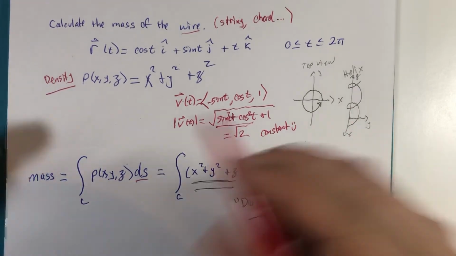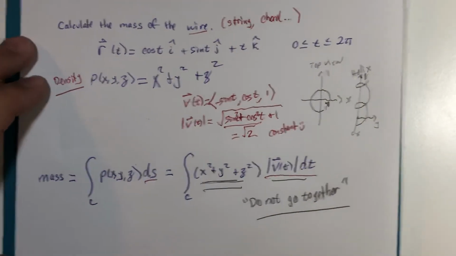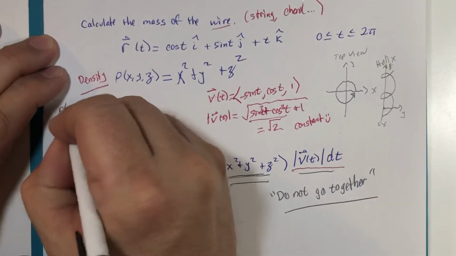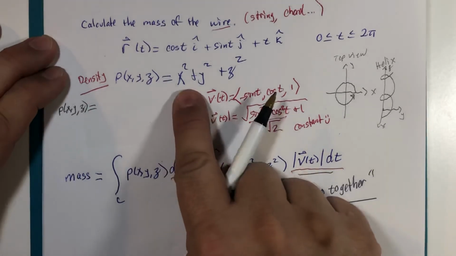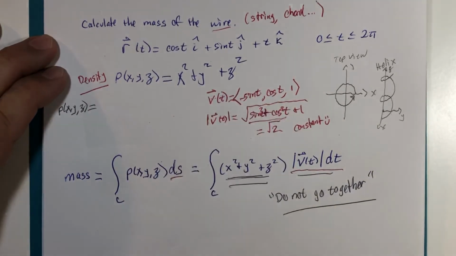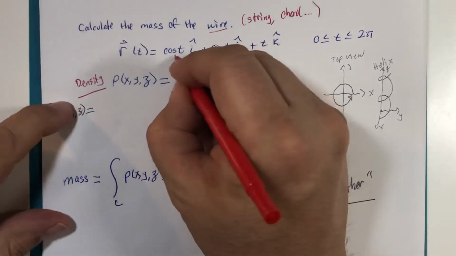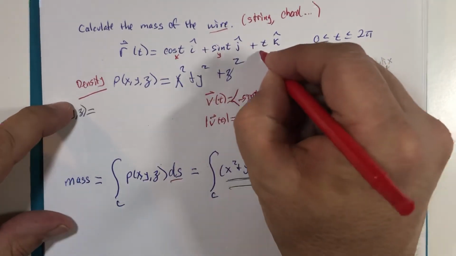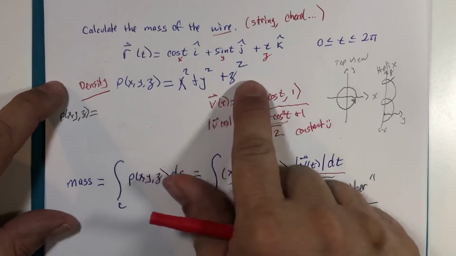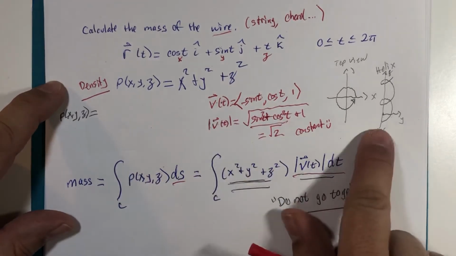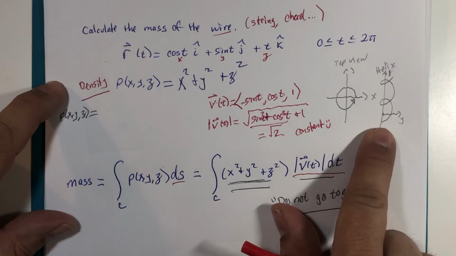Now look over here. Density function, rho of x, y, z. We will replace x, y, and z with the x, y, and z from the path. We don't need the density at all points. We only need the density at the points on this graph.